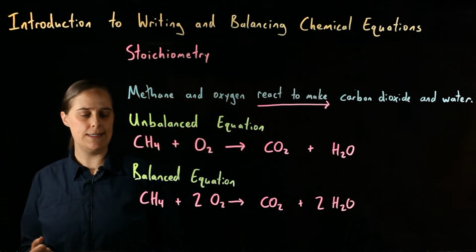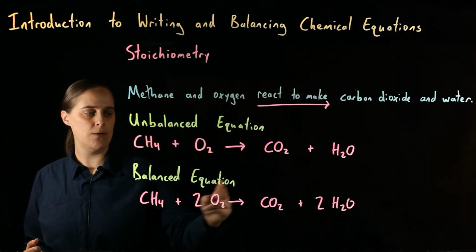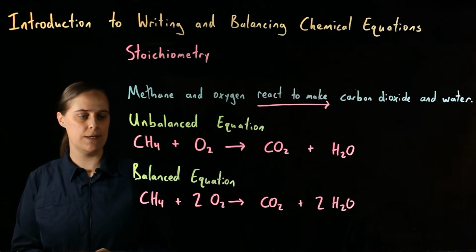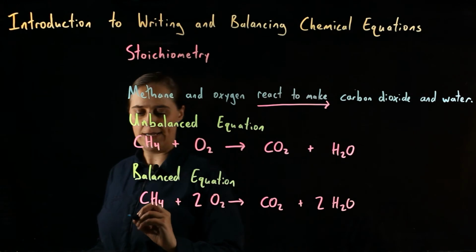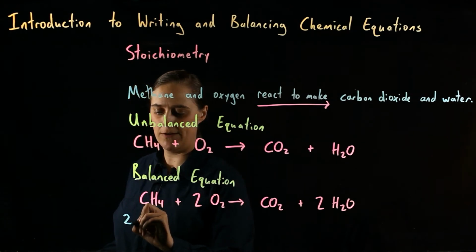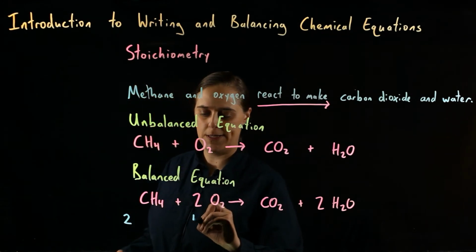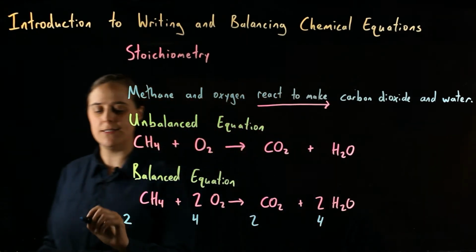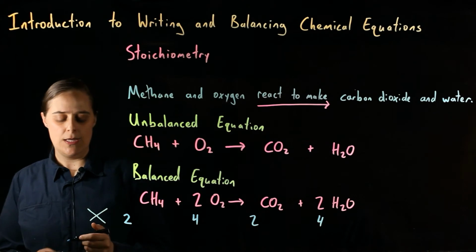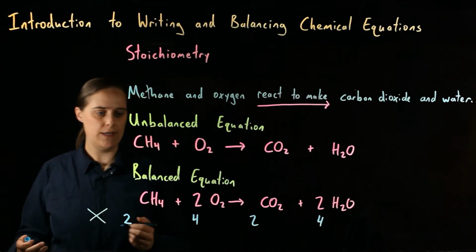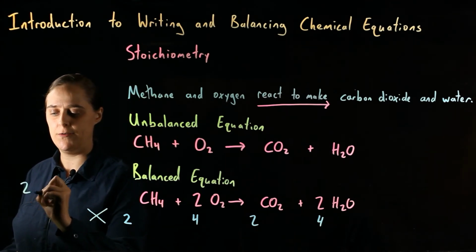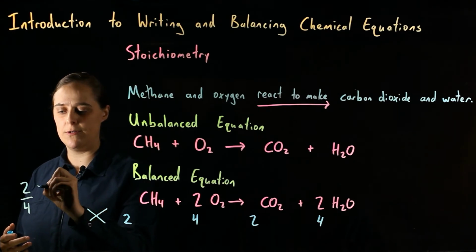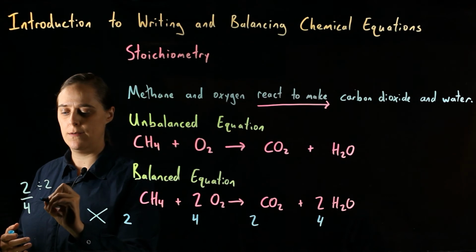Another important detail is that these coefficients need to be the smallest possible whole numbers. So you could have mathematically figured out that your coefficients should have been 2, 4, 2, 4. This is wrong. Think of reducing a fraction. If you have a fraction of 2 over 4, both of these numbers can be divided by 2.